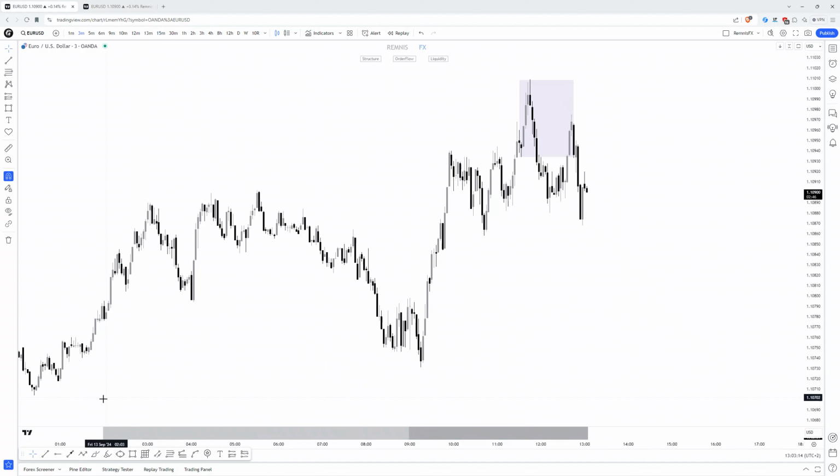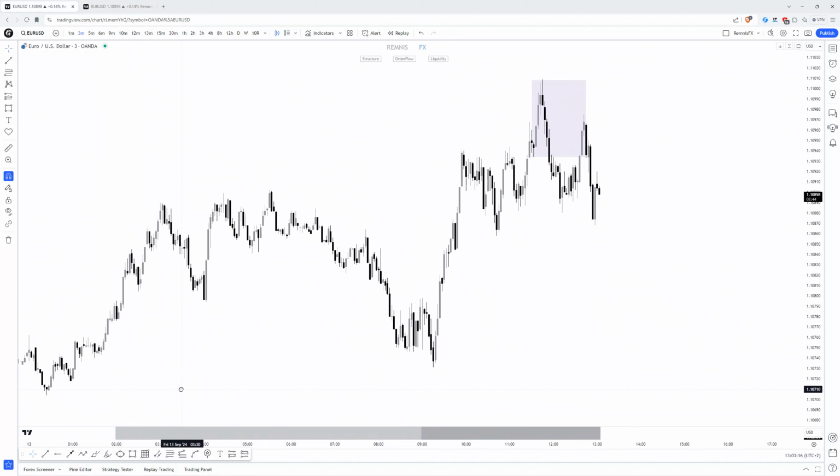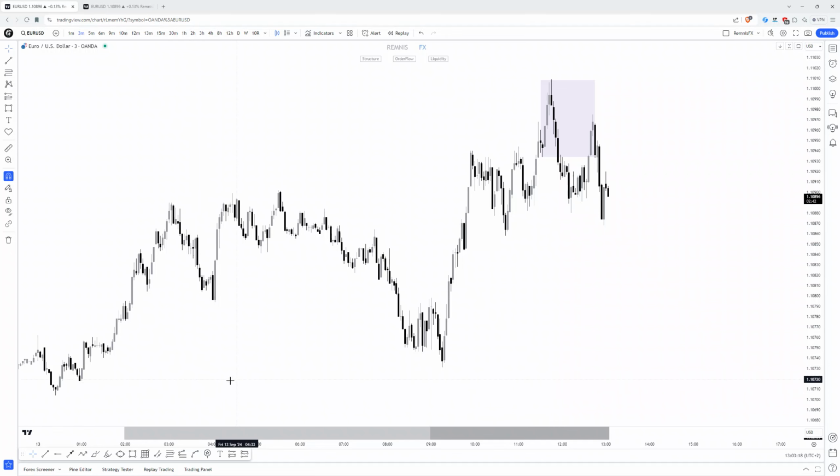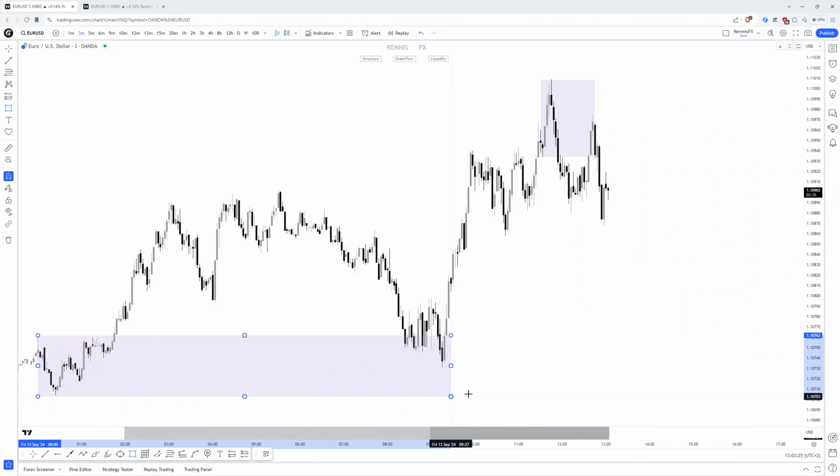Because if we go back and look at what price had done today, it already created efficiency here at the bottom, like that. Yeah, something like that, right? So it created efficiency then, and then continued higher, pullback, continuation to the upside, obviously.